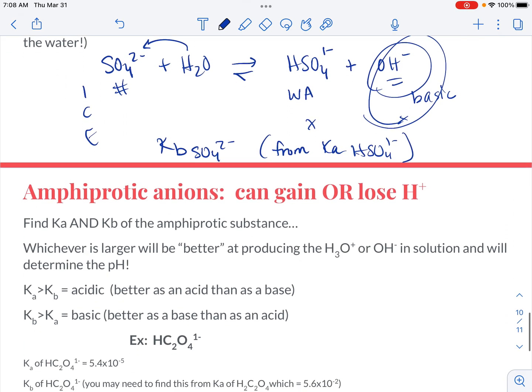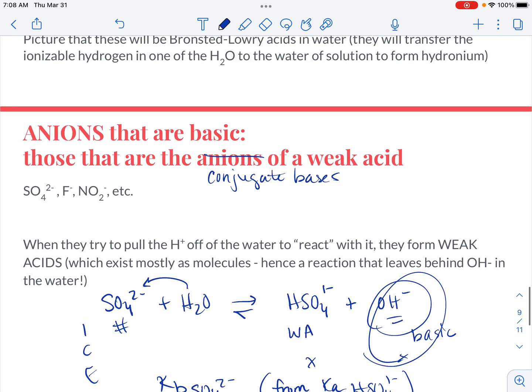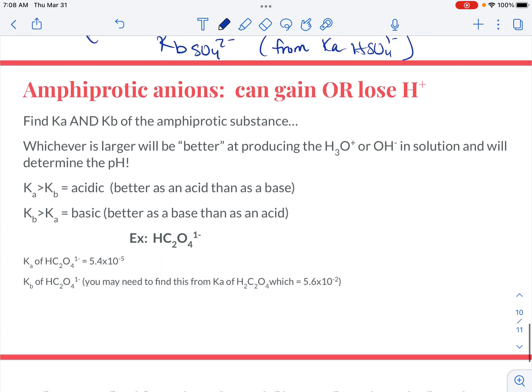Finally, let's add a little bit more to this. I hinted at this, that there are anions that could be acidic. And so the anions that could be acidic are going to come from your amphiprotic anions. They're not all acidic. Many of them are still basic.